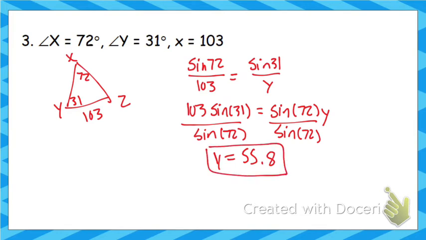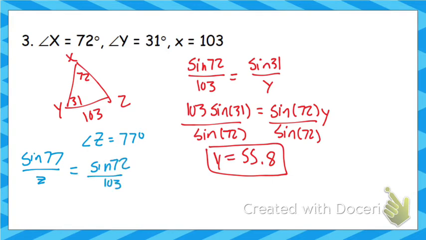All right, now let's solve for angle Z and side Z. Angle Z, very easy, just subtract from 180. 180 minus 72 minus 31 gives us 77. And then set up law of sines. So sine 77 over side Z. Cross multiply and divide.